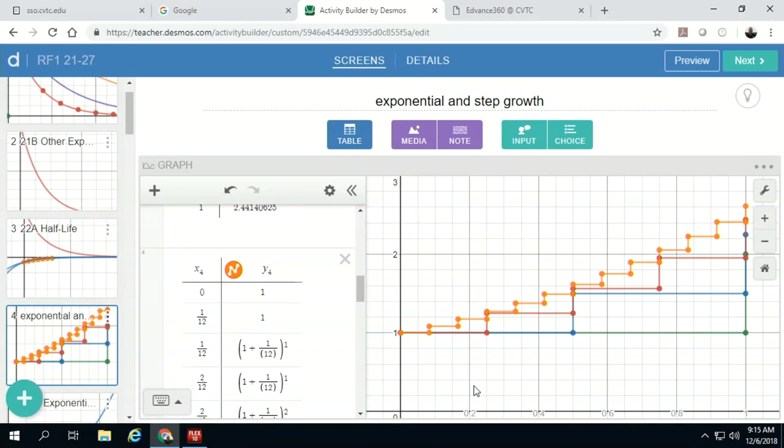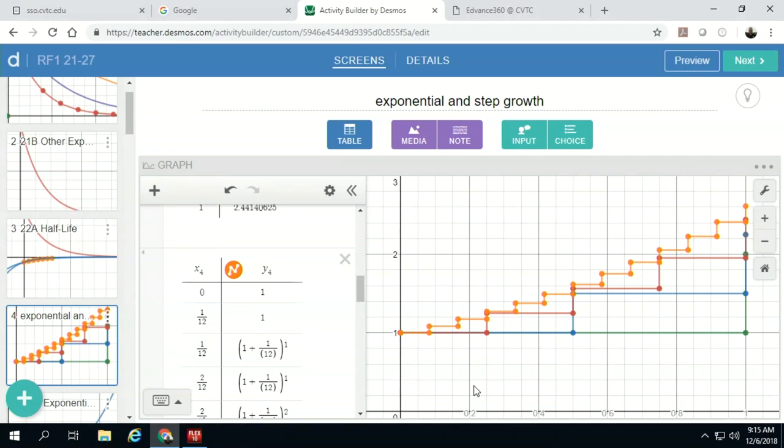Sure, it's monthly. So here is 1 month, 2 months, 3, and so on. Do you notice what the orange line has compared to the red line? At the end, it has a still higher amount, right? Okay? Well, how would we do that?